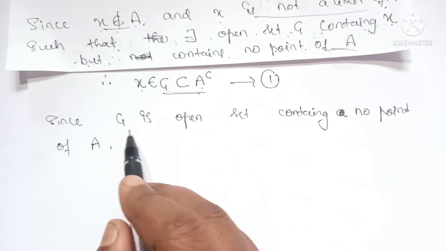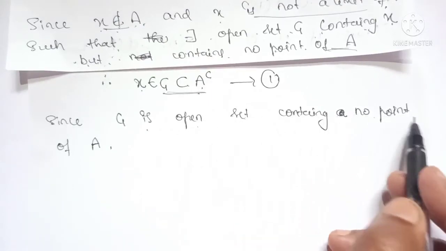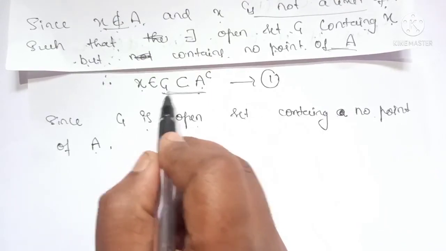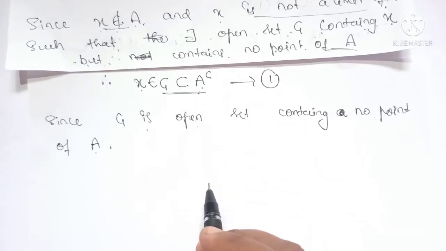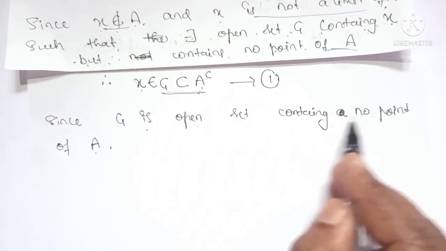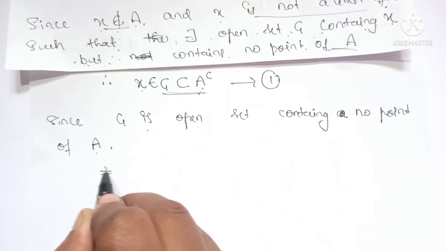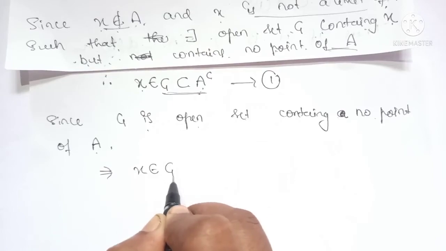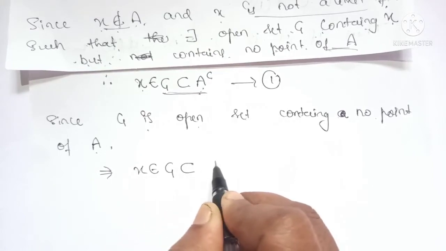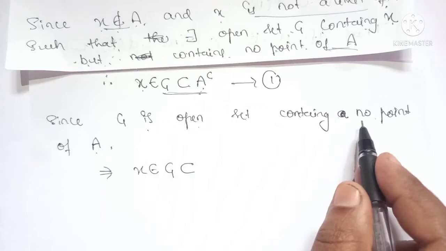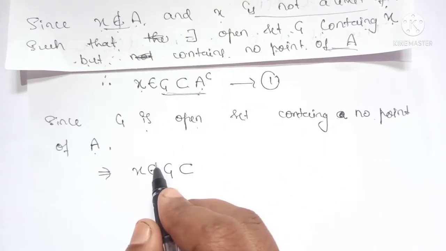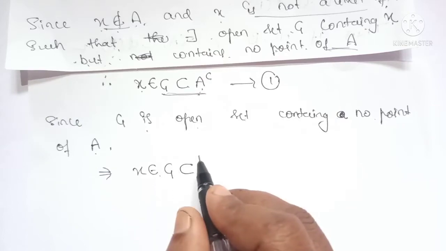So therefore this G is an open set containing no point of A, because it is a subset of A complement. It contains all the elements of A complement, therefore it does not contain any element of A. Therefore G is an open set containing no point of A, and it contains no limit point. So therefore x belongs to G.